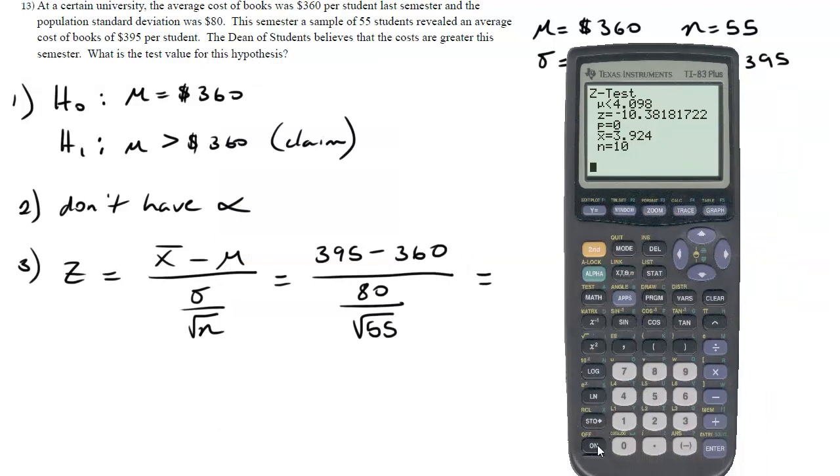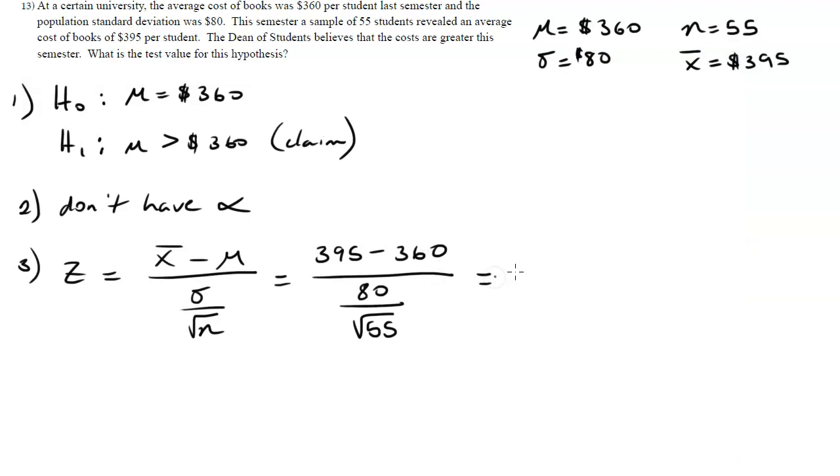Okay, so let's see, 395 minus 360, close that parentheses, divided by, open parentheses, 80 divided by the square root of 55. 3.24, that's our test value. And the answer to our question, 3.24.